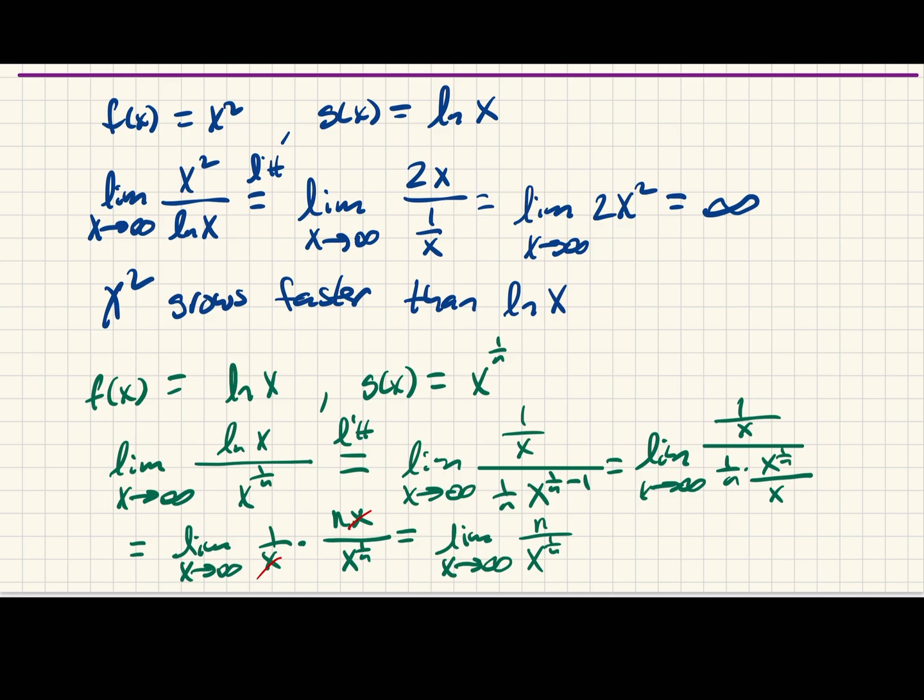What's that going to be equal to? It's messing with us. What's that going to be equal to? 0. Yeah, that's 0, isn't it? That's a constant over a number that is increasing without bound. So that's going to be equal to 0.